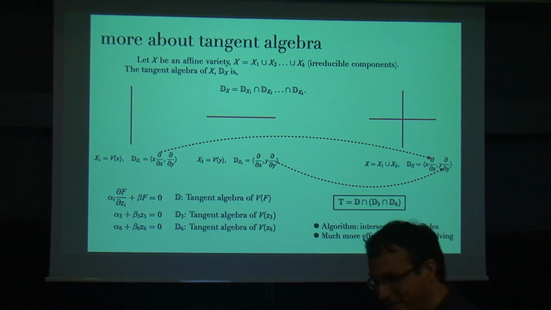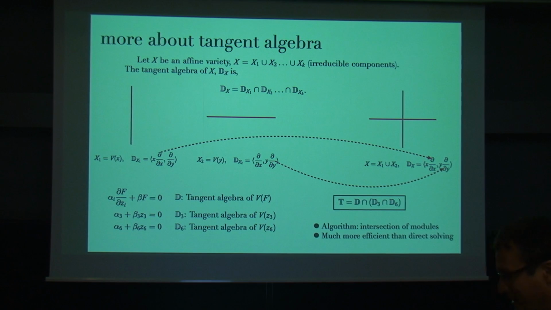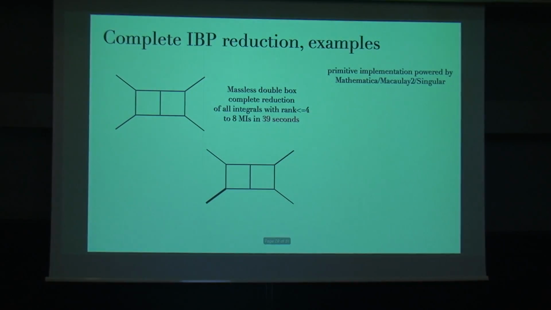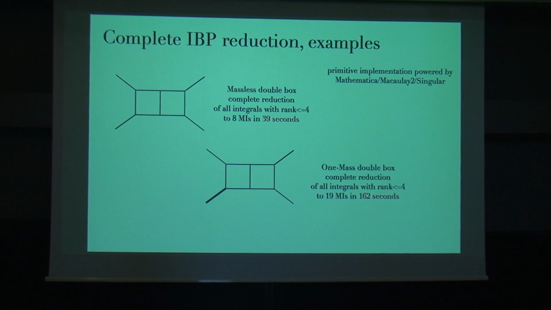Next question. Can you go back to the last slide with the timings? Yes. So what is compared here is absolute numbers, but do you have any comparison to Fire or Kira?